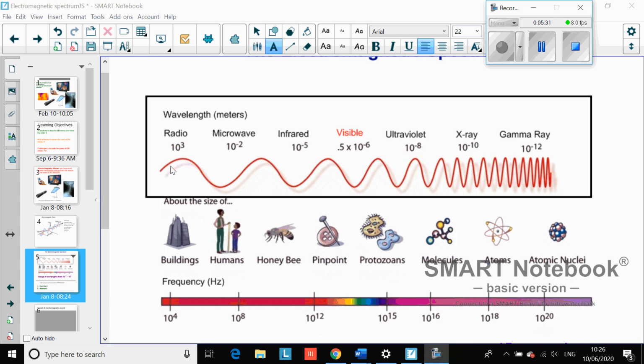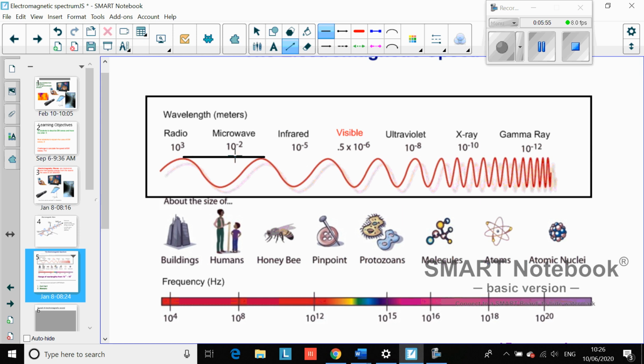So these are really long waves with a big, long wavelength. Just to remind you, the wavelength is the distance from one wave peak to the next. Next, we get to microwaves. Microwaves have a wavelength of usually around 2 centimeters.